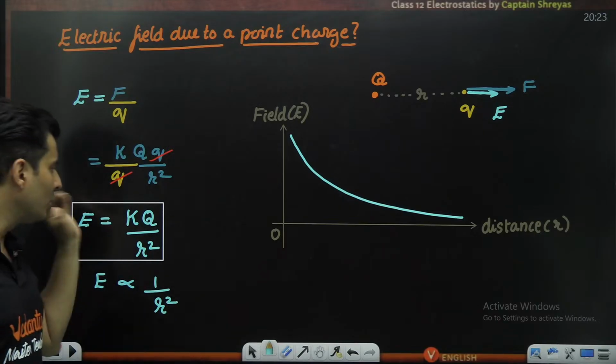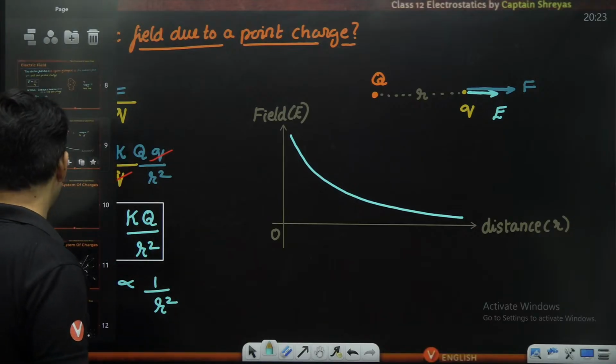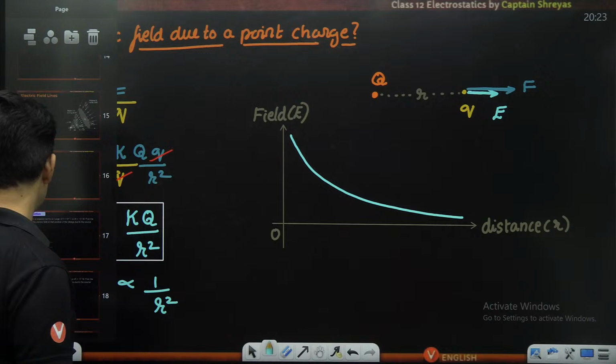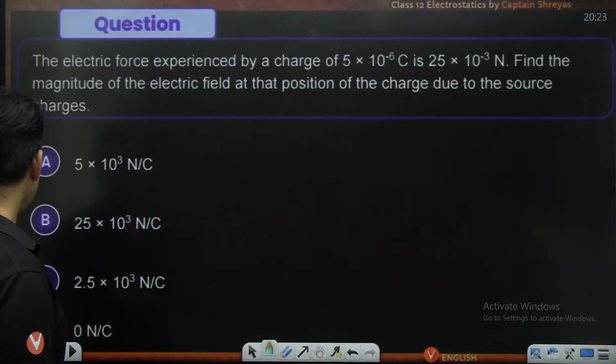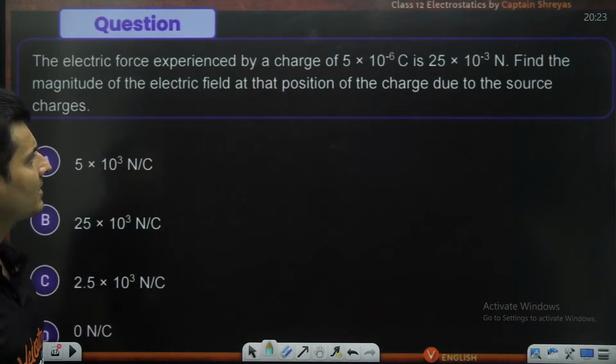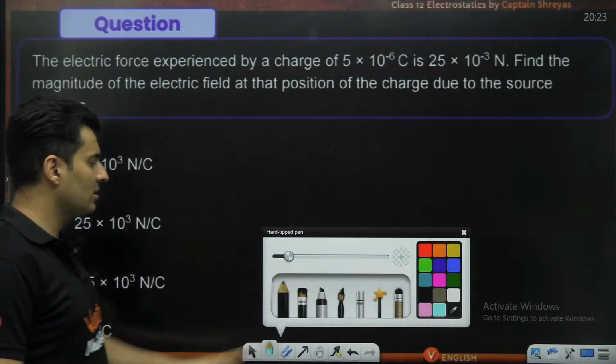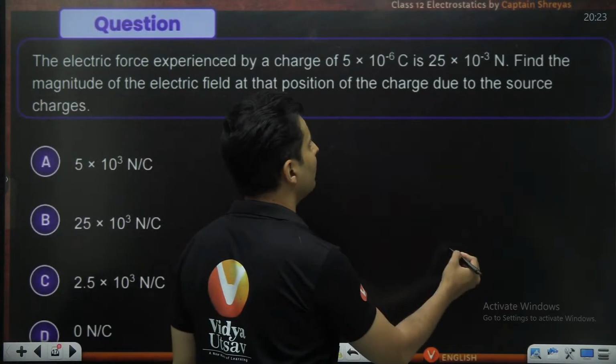So KQ divided by r square. Maybe we can look at a formula question based on this right over here. Okay, the electric force experienced by a charge is this many newtons. Find the magnitude of the field at this position of the charge due to the source charges. Notice what all is given.